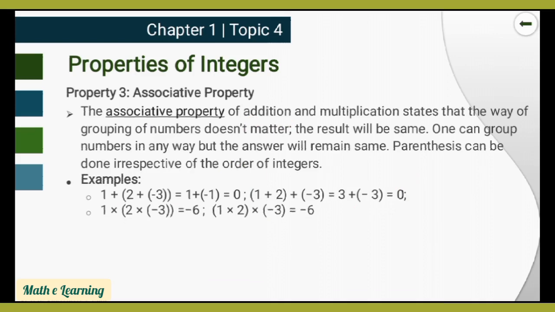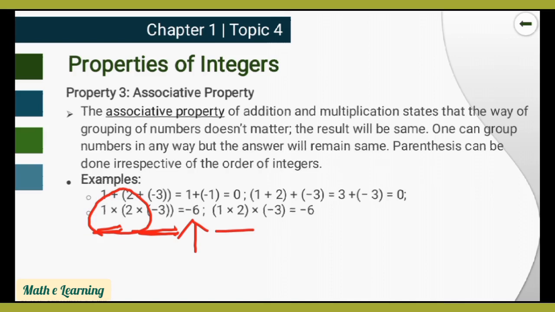Now we check for multiplication. In this example, grouping of 2 and minus 3 is done, and then we multiply with 1. So 2 times minus 3 is equal to minus 6. Minus 6 multiplied by 1 is equal to minus 6. Now we change the grouping of these numbers.